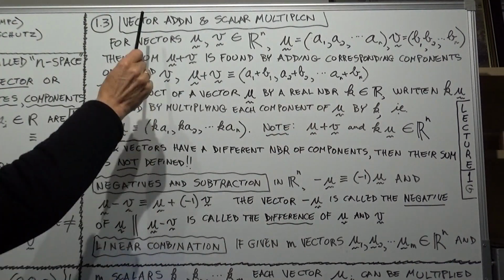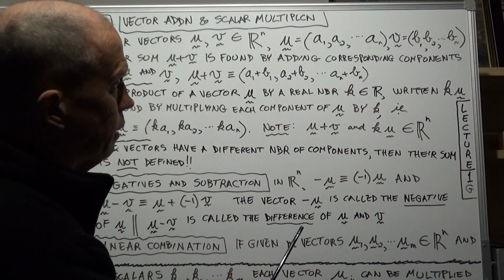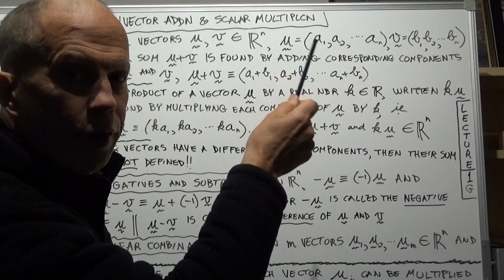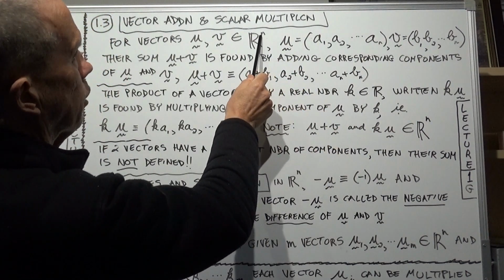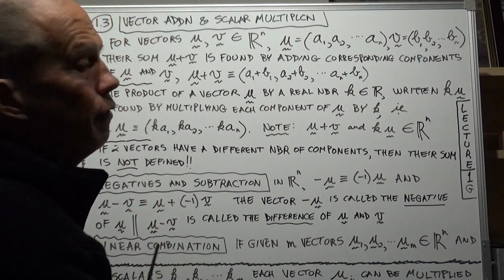Now, similarly generalizing for an n-dimensional vector where the components are real, so R to the n. N here is the number of components, the number of dimensions of your vector, your arrow, if you like.